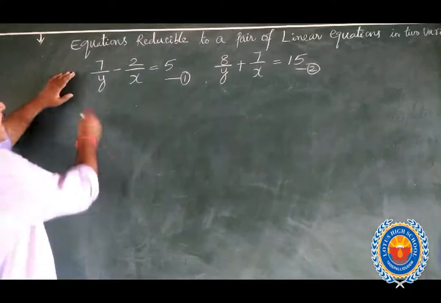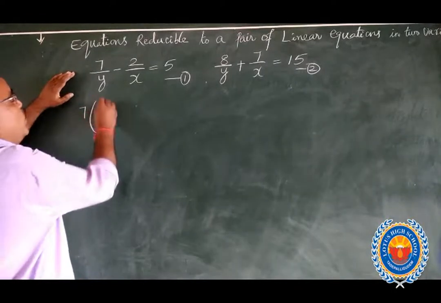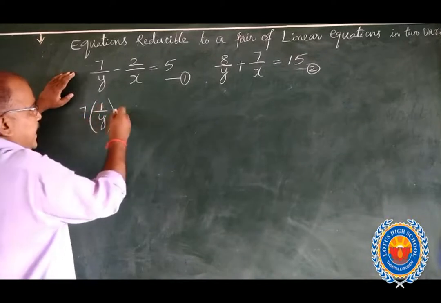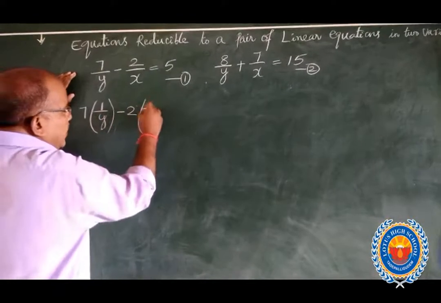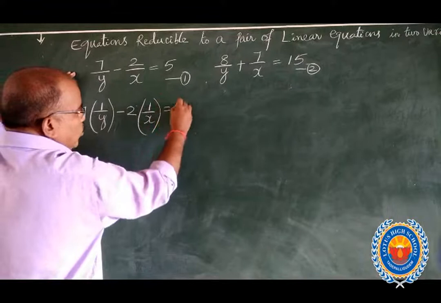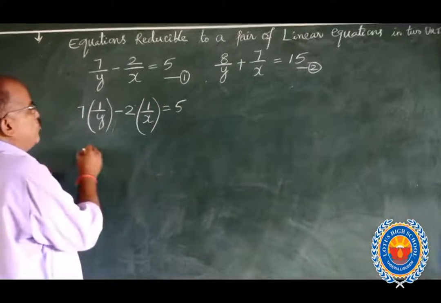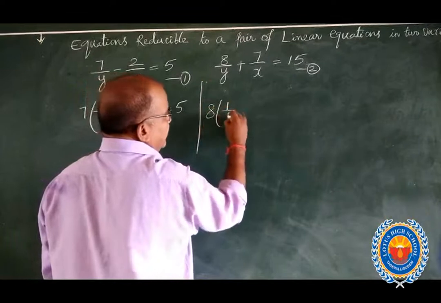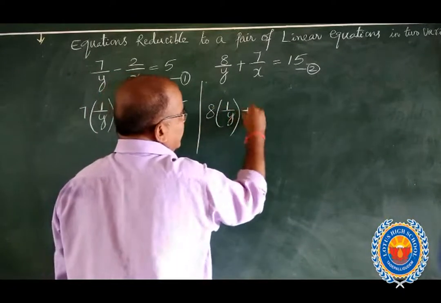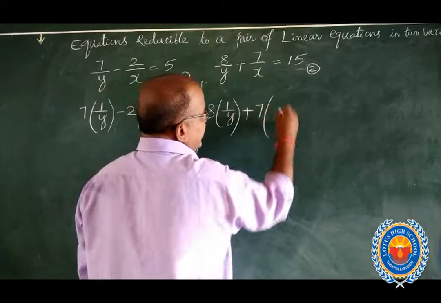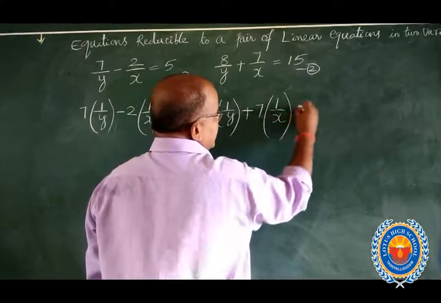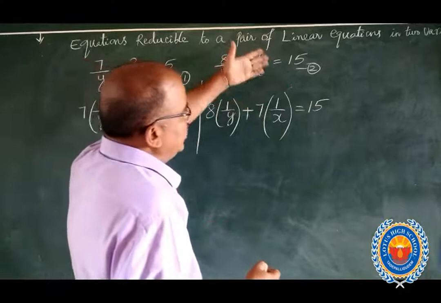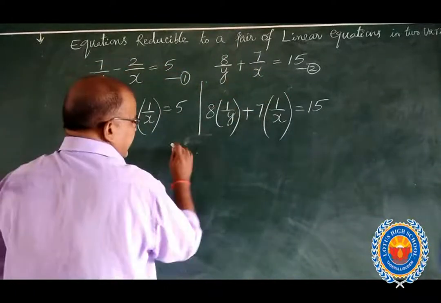Here I can write 7 into 1 by y, 7 by y, minus 2 into 1 by x is equal to 5. Here 8 into 1 by y plus 7 into 1 by x is equal to 15.